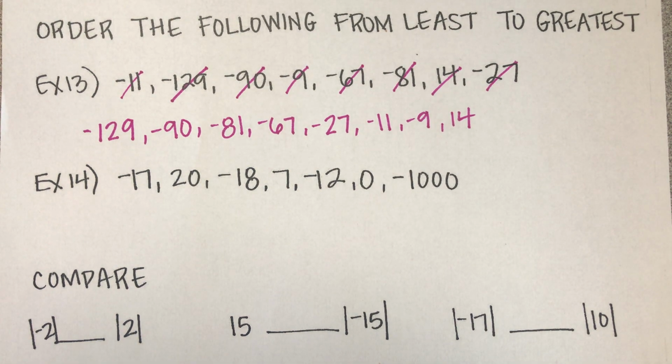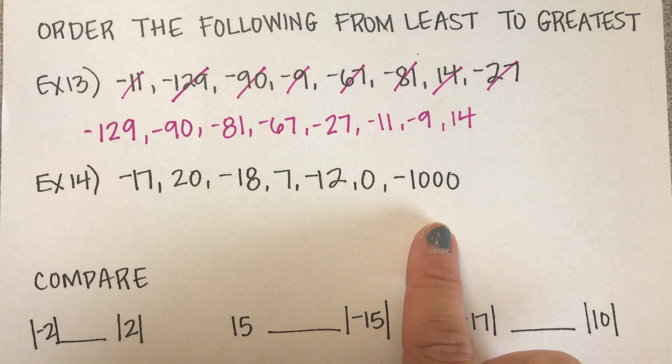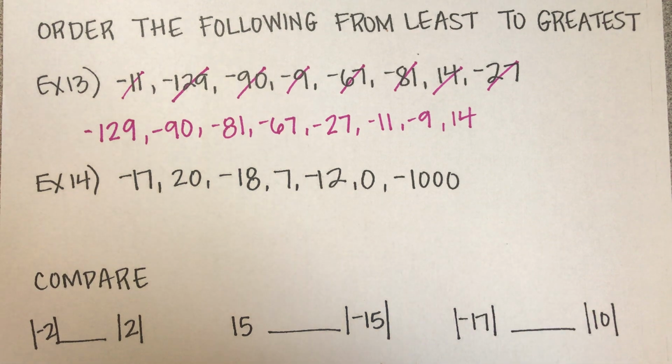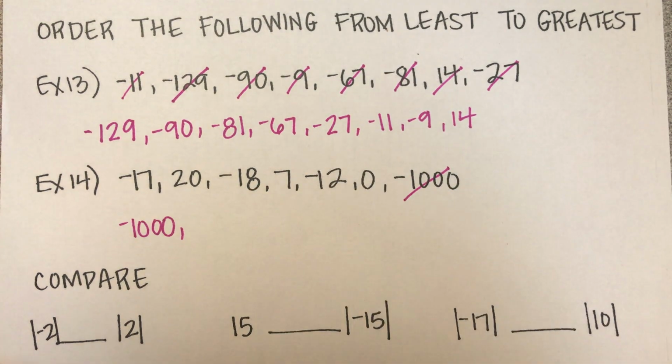Okay, and then let's look at this last one. On this last example, we're going to put these in order. So the biggest negative, the lowest temperature, would be negative 1,000. Okay, then what would come next?